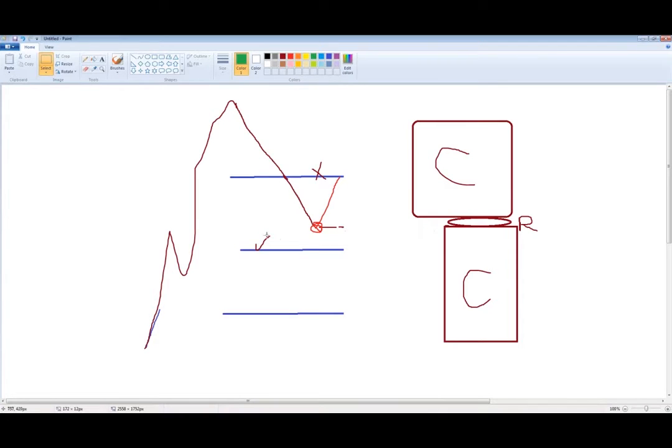Knowing this is your entry, is your stop loss going to be the green line here, or is it going to be the blue line right here? Where's your stop loss? So this is, I would say, 5 ticks, but this stop loss is maybe 20 ticks.